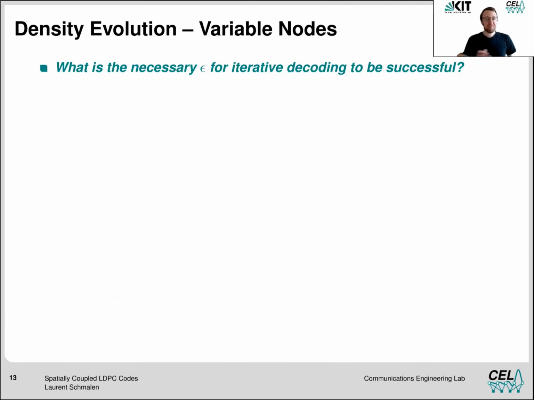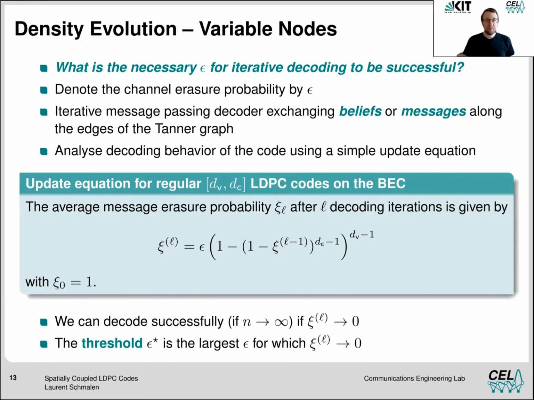Okay, so how can you analyze the behavior of the decoding? And what is the necessary epsilon on the binary erasure channel for decoding to be successful? Well, for this, we need to define what is decoding. And the predominant decoder in practice is something called an iterative message passing decoder.